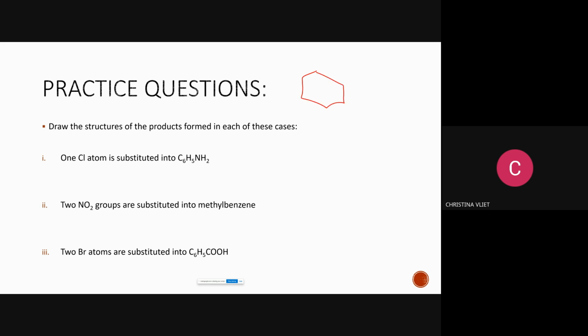Because benzene itself is C6H6. So if I take a group out and replace it with whatever that is, instead of having 6 hydrogens, I'm going to have 5. Does that make sense? So every time I see C6H5, I'm just looking at benzene.